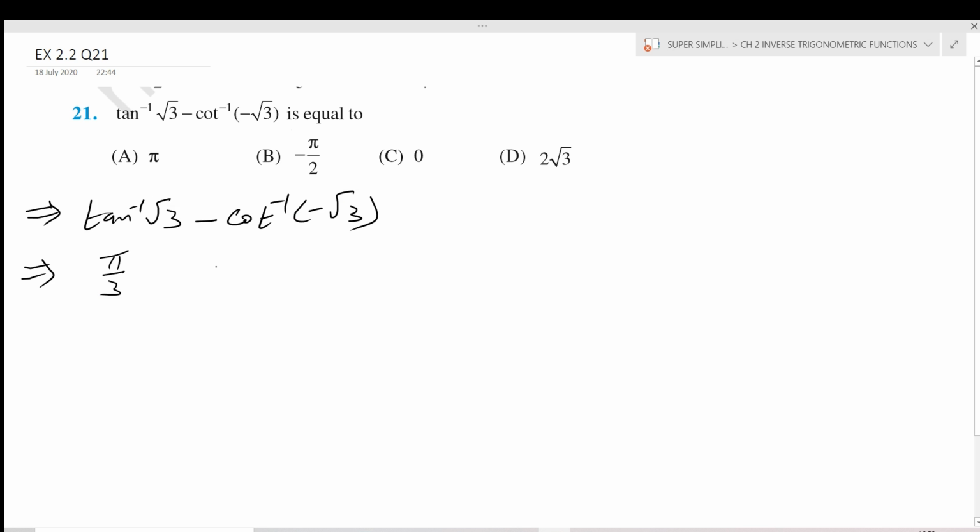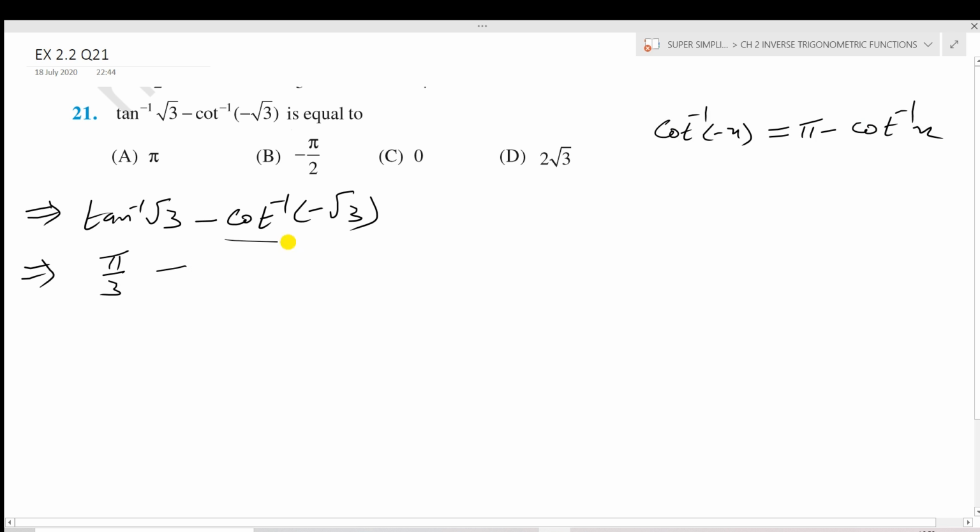So the value of tan inverse root 3 is pi by 3. And we also know a result that cot inverse of minus x will be equal to pi minus cot inverse x. So here cot inverse of minus root 3 will become pi minus cot inverse root 3.